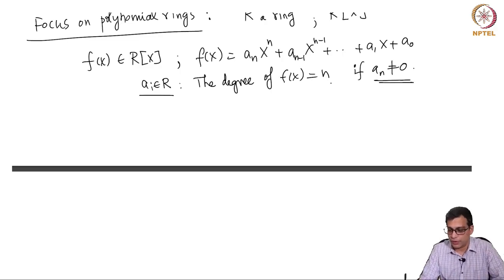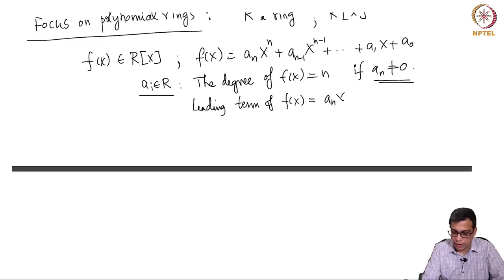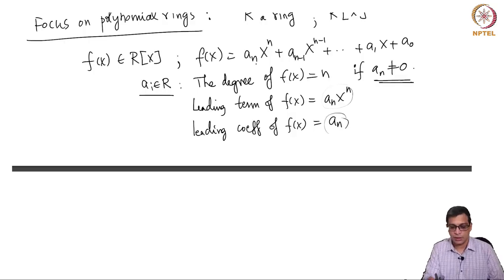The leading term of f(x) is a_n x^n, the highest degree term, and the leading coefficient of f is a_n. The leading term is the entire first term, and the leading coefficient is just the coefficient of the leading term. The a_i's are called the coefficients.